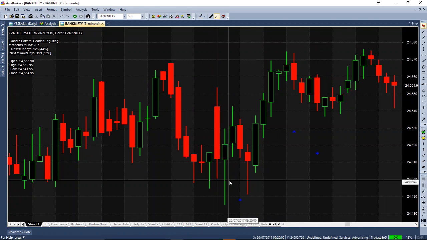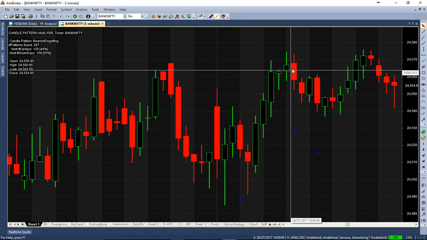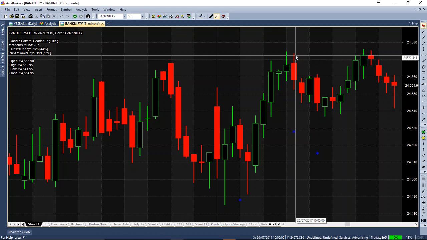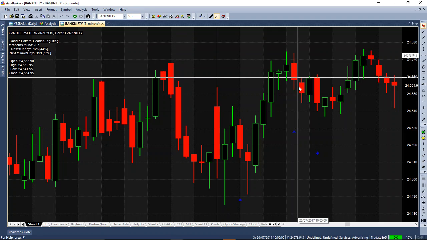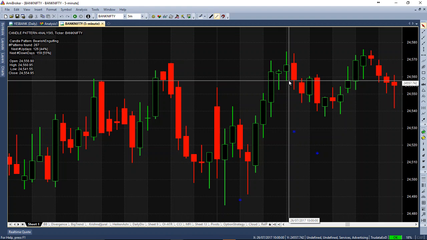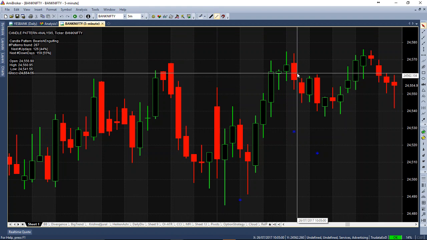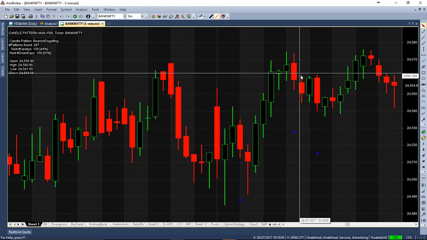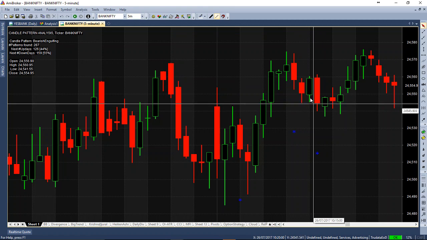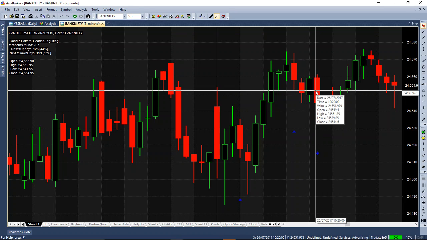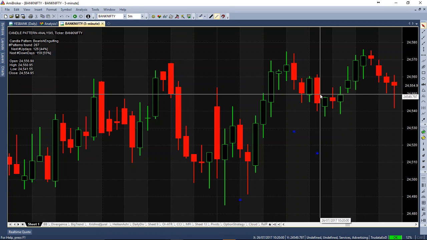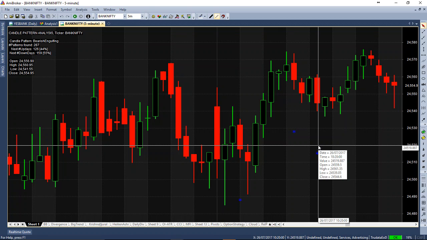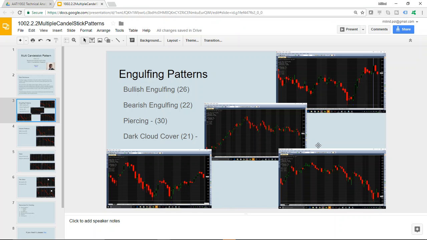You have an up move, then open above the close of the previous day, test the high of the previous candle, go up, and then the bearish push comes in and closes below the open of the previous candle, engulfing the green candle, which is called bearish engulfing. You have got another bearish engulfing here, but this is not so interesting because it is not at the top of the rally. So a bearish engulfing is also a change direction pattern.